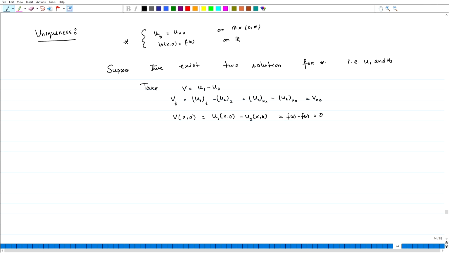So, essentially if u1 and u2 are solutions of the two equations, then v is a solution of this equation.